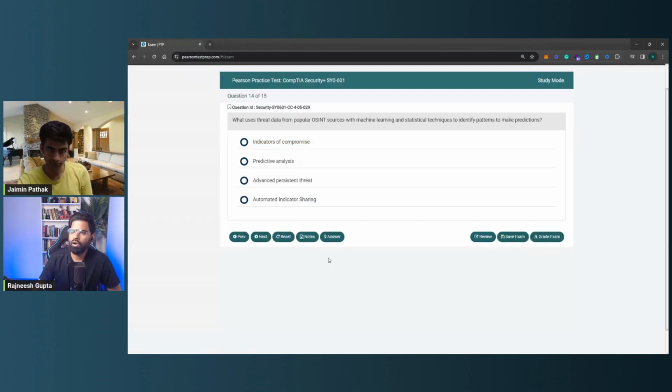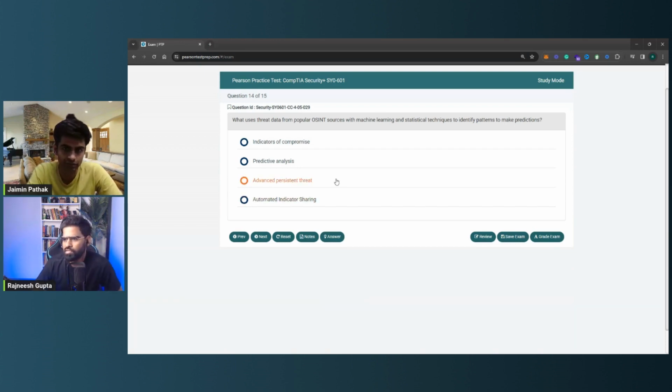Question number 14. What uses threat data from popular open source intelligence sources with machine learning and statistical techniques to identify patterns to make predictions? That sounds slightly confusing. What do you say, Jamin? What could be the right answer? Indicator of compromise has got nothing to do with it, right?